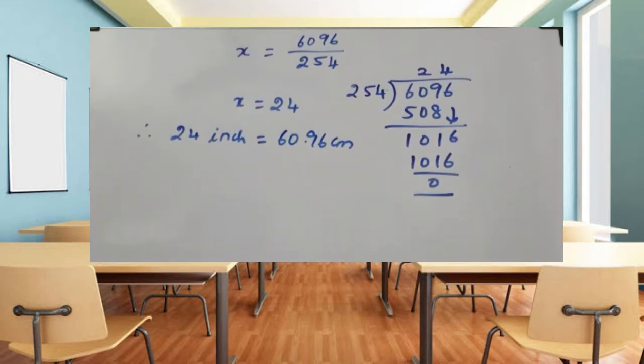Now we are going to see the sixth sum. The product of two numbers is 18.576. If one of them is 5.4, find the other.